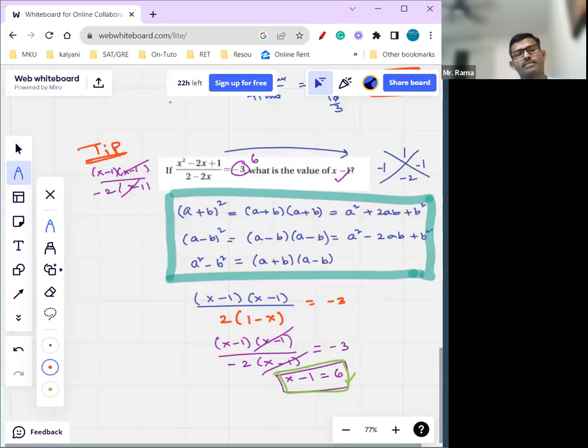Right. Normally when we do quadratic equations and you get factors equal to 0, that means one of them equals 0. That's a condition we set up, each is 0. But in this case, the other side is not 0. They're basically asking, hey, what is this x minus 1 equal to? That's what they're asking. Okay, good.